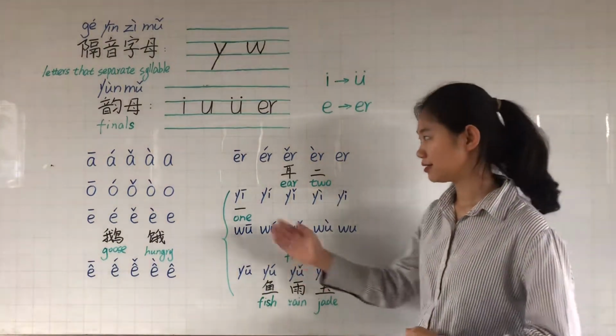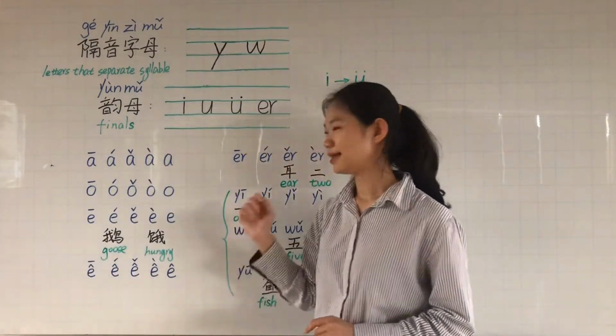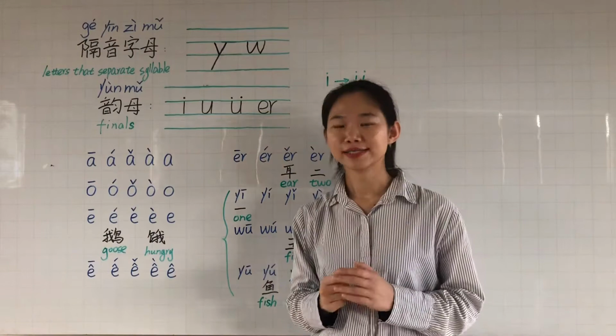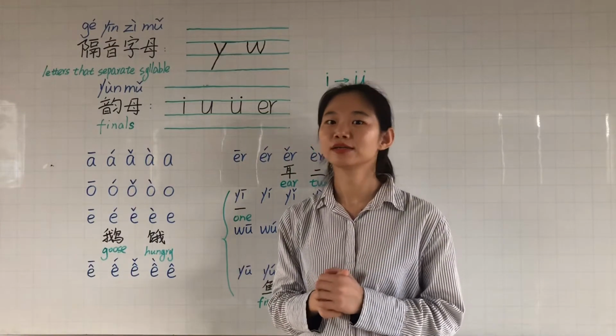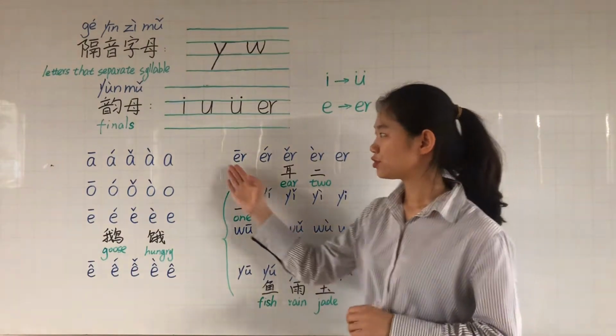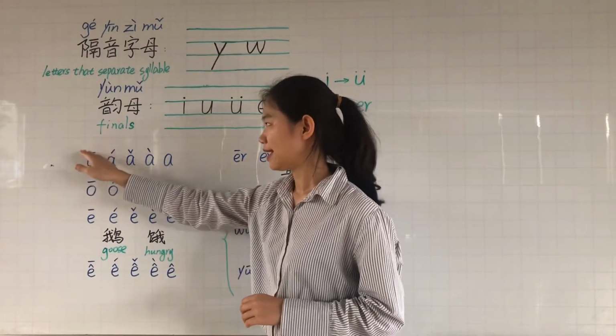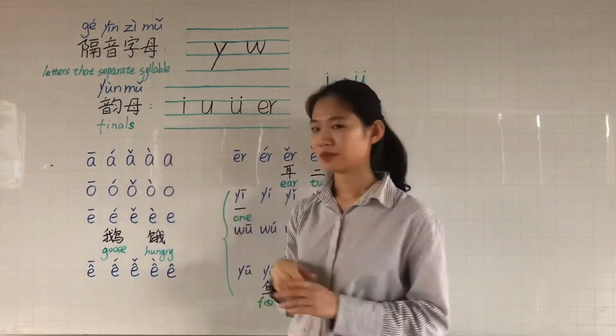Before, we already learned 4 finals and a rule that a symbol can stand without an initial, right? So let's do a review. The final with a tone or without the tone.